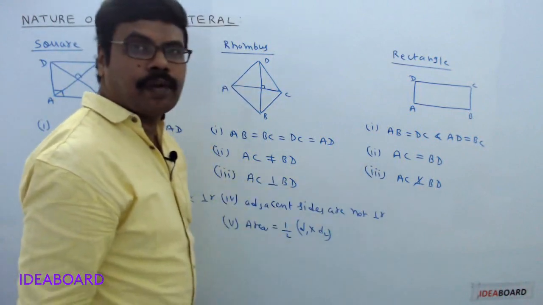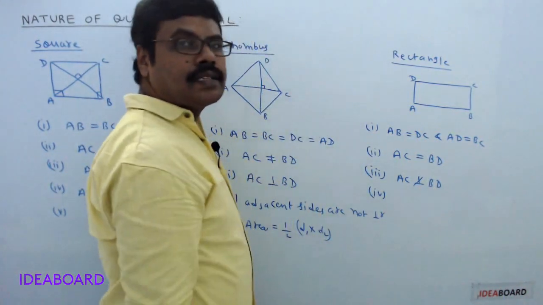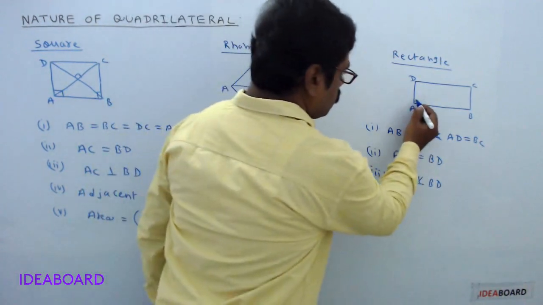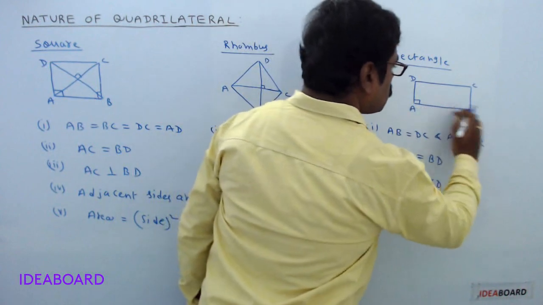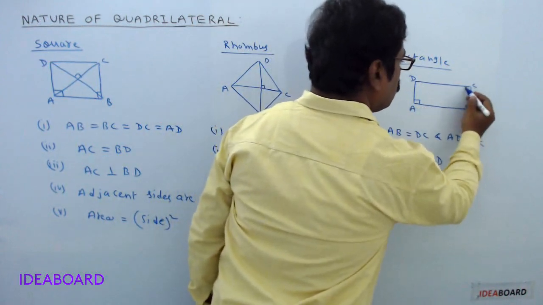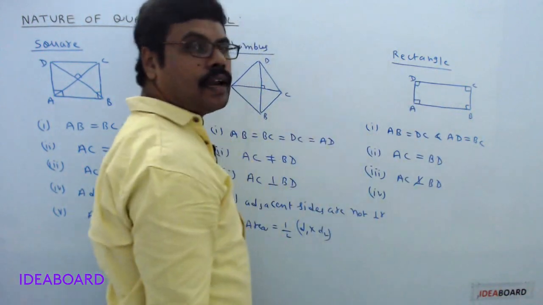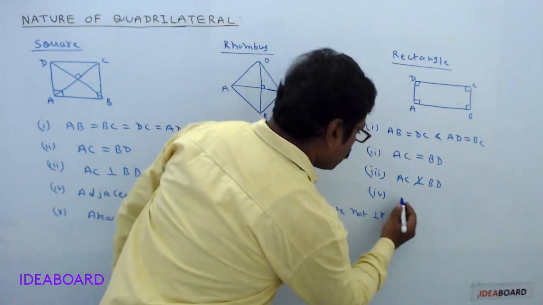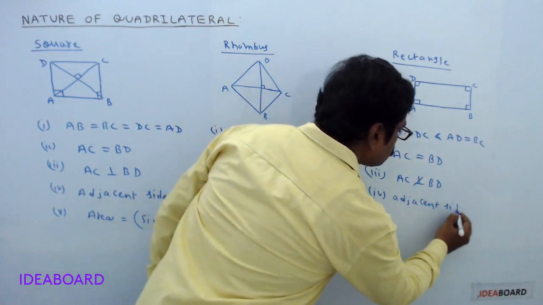Then fourth condition, adjacent sides are perpendicular. It means this side is perpendicular to this side. Here angle C is also 90, angle D is also 90. So fourth point, adjacent sides are perpendicular.